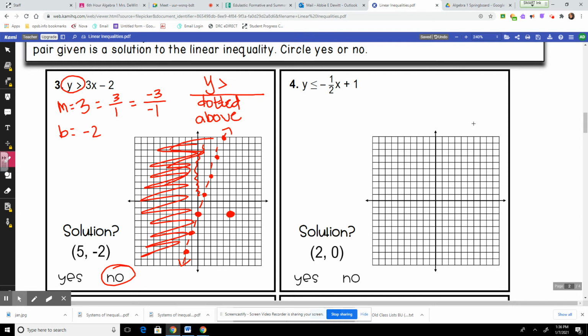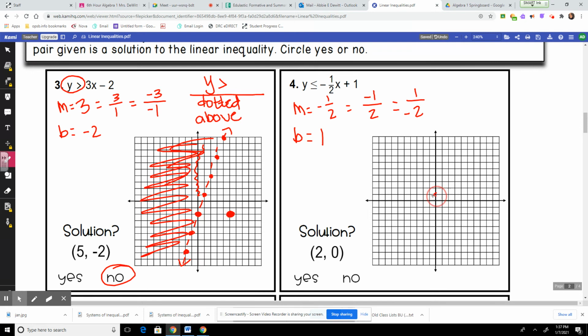Okay? Number 4, my slope is negative 1/2, which means I can go down 1, right 2, or up 1, left 2. You can put that negative with the 1 as the numerator or with the 2 as the denominator. And then my y-intercept is positive 1.